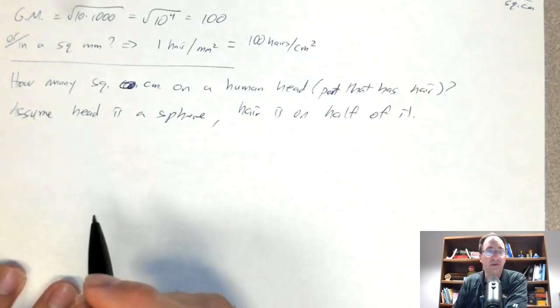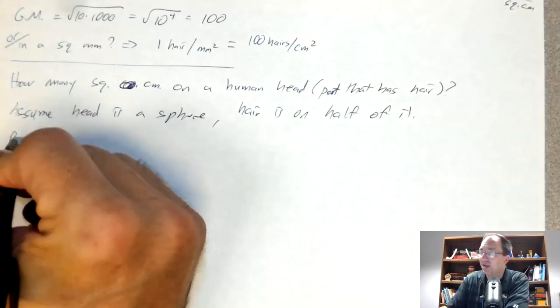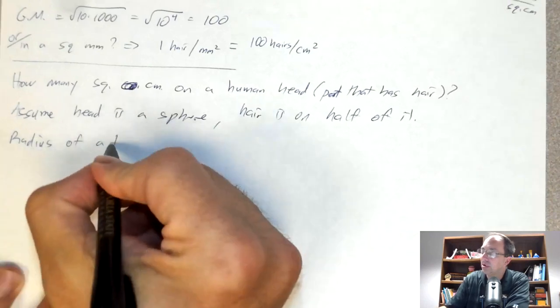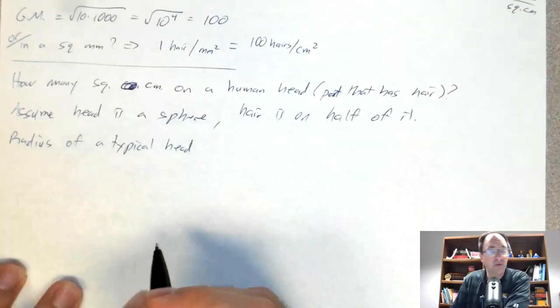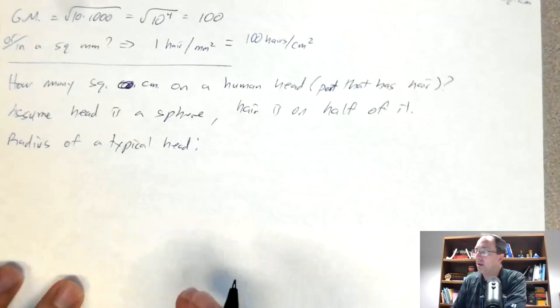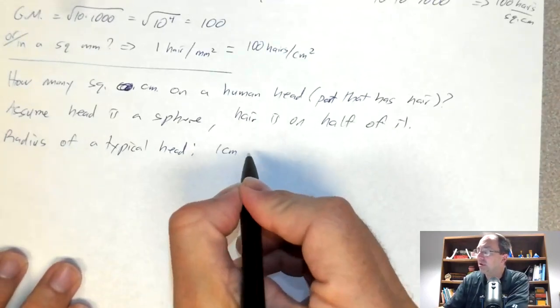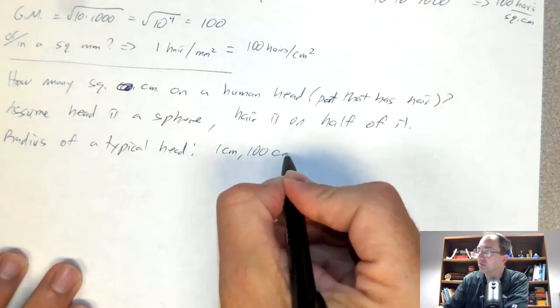So if we're going to find the surface area of a hemisphere, we need to know the radius of a head. Again, I can do another interval estimate if you prefer. I know it's definitely more than 1 centimeter, and I know it's definitely less than 100 centimeters.